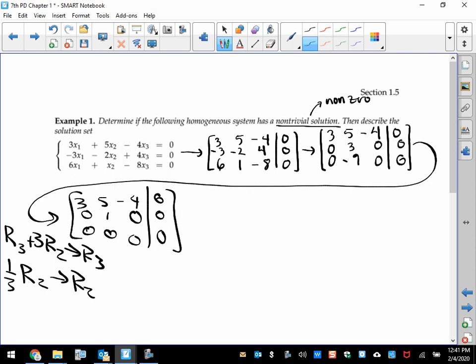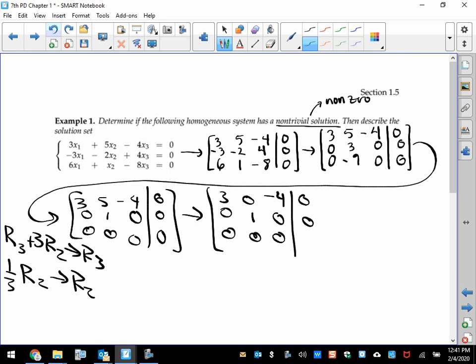And then we can eliminate the 5 above the pivot in row 2. So we'll get rid of that 5 by subtracting 5 of row 2. Whoops, I put a -3 there. We want a 3, 0, and a -4, 0, 0, 1, 0.